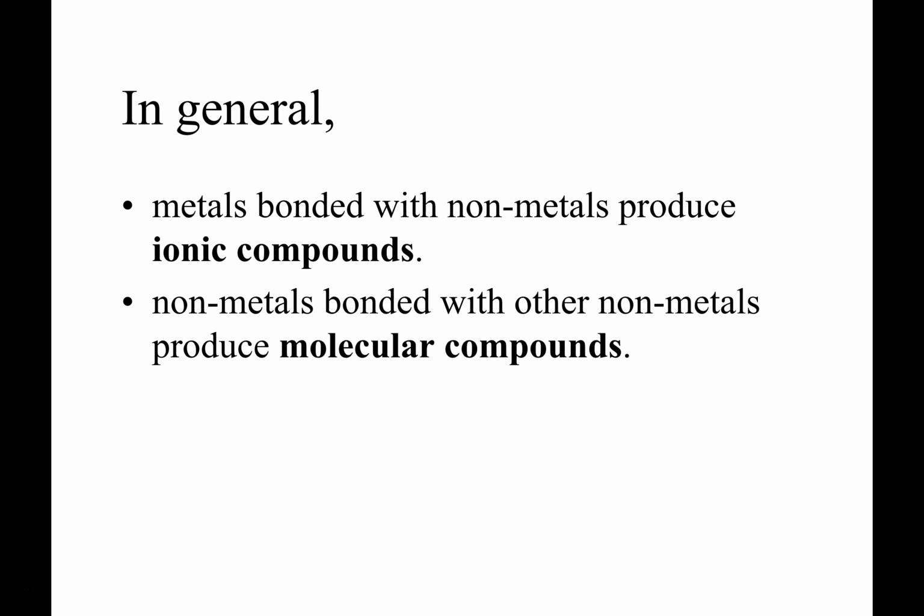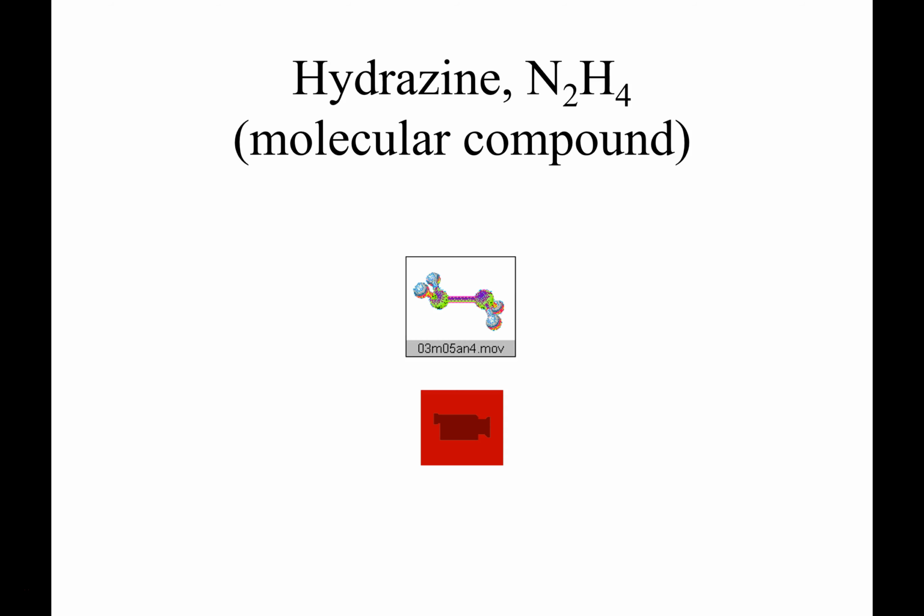That's correct. But for purposes of this discussion, I'll put it under the molecular compound part: we will consider hydrogen a nonmetal if you have to identify a compound as being either molecular or ionic and it has hydrogen in it.